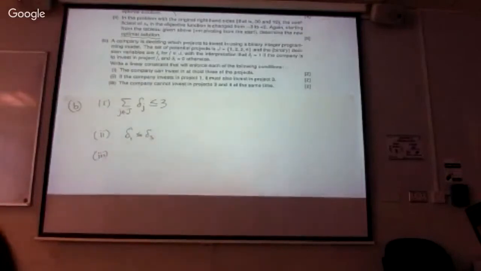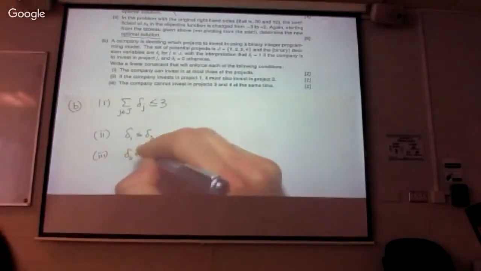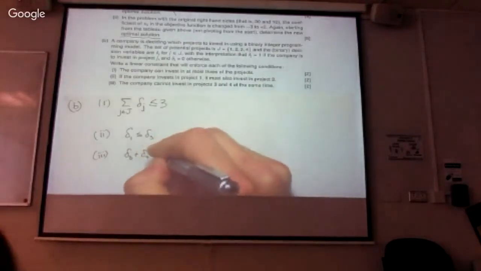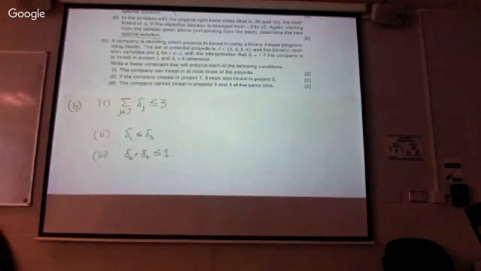Delta 3 plus delta 4 less than. Why is that? Do you have a better answer?